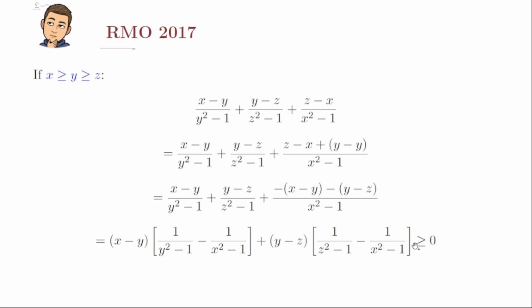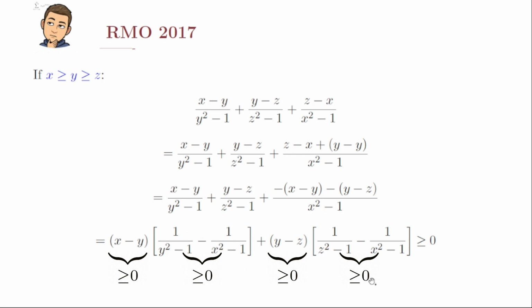And I add the inequality here because it is obviously non-negative, right? Because x is bigger than or equal to y, and y is less than or equal to x, so 1 over y squared minus 1 is bigger than or equal to 1 over x squared minus 1, because the denominator here is bigger. So this minus this is non-negative.